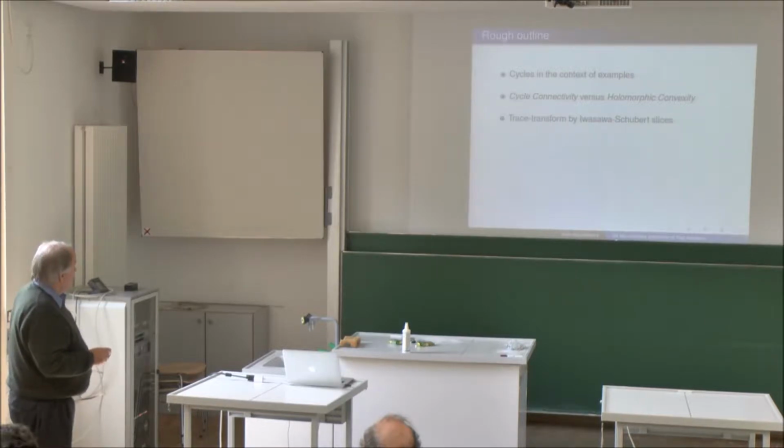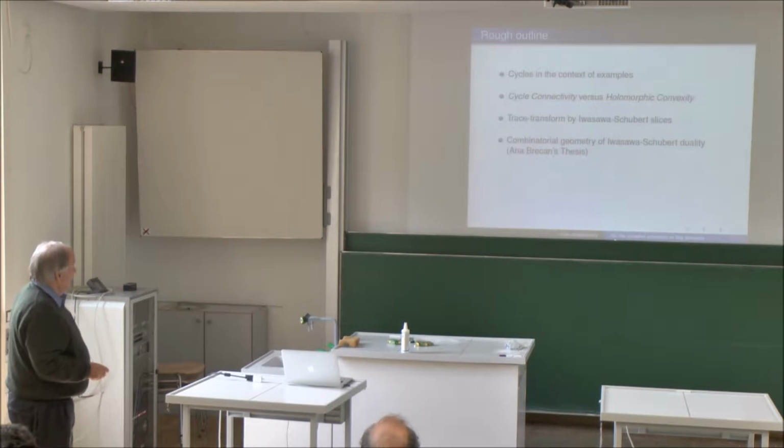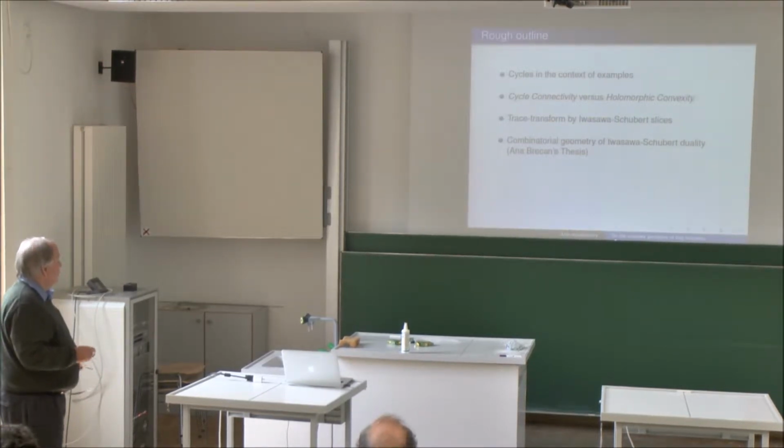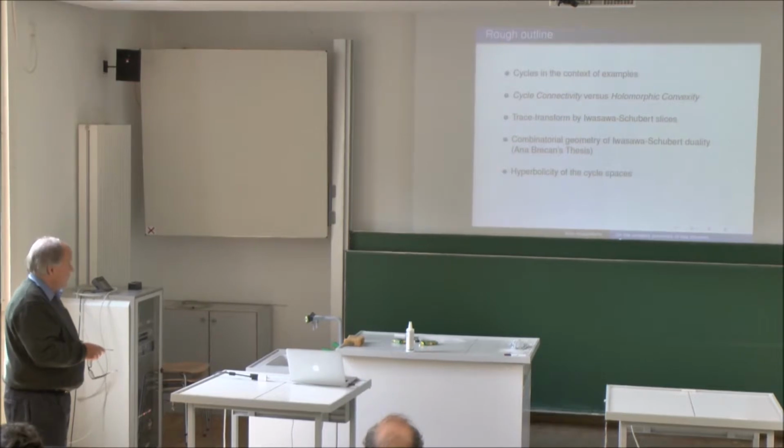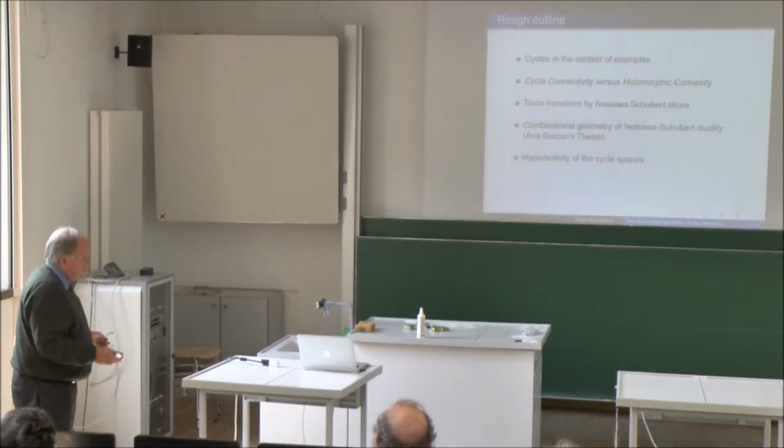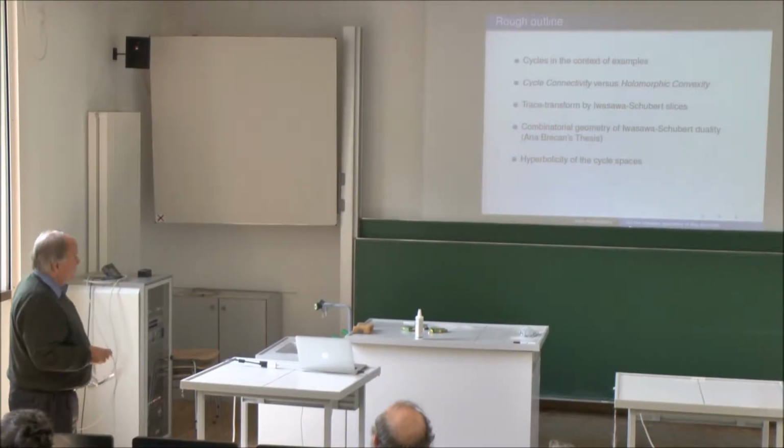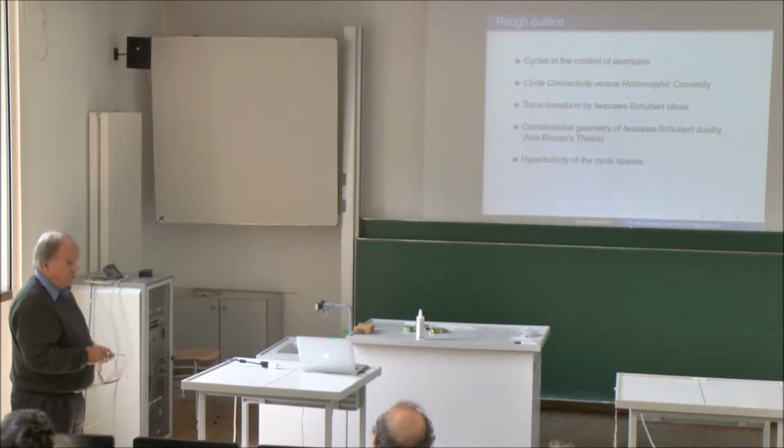And so this is the project of Anna Birkan's thesis. I think you've met Anna, some of you. I will not comment on the details of that theory, but I will tell you what it's about. One of the uses of this transform is to prove that the cycle space, the space of all relevant cycles, carries a negative curvature metric. This in particular means that it's hyperbolic in the sense of Kobayashi.